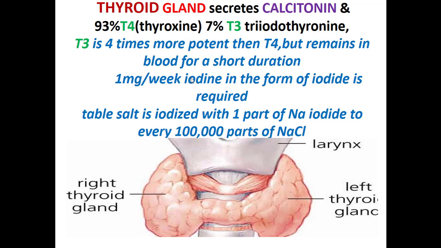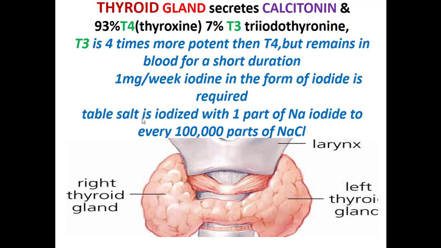Normally, the required iodine for its secretion is 1 milligram per week. Iodine in the form of iodide is required. Actually, iodide is an ionic form of the iodine, and when two iodide molecules combine together, they form an iodine molecule. The 1 milligram per week iodine in the form of iodide is required for the normal synthesis of the T3 and T4.